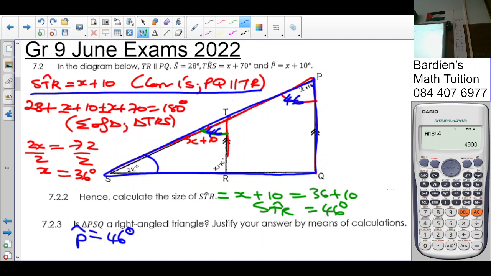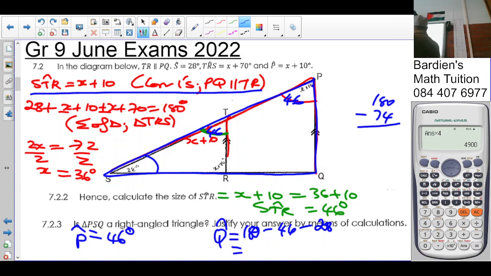So angle Q is equal to 180 minus 46 degrees minus 28 degrees, which is equal to, that is 74, 180 minus 74, which is 106. Just check that, is this right? 106.